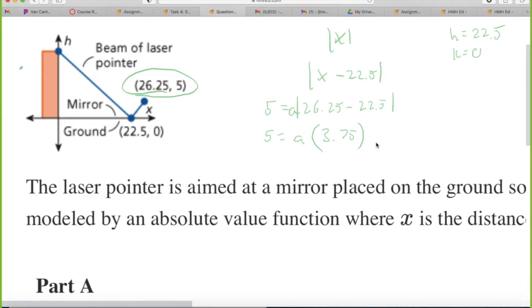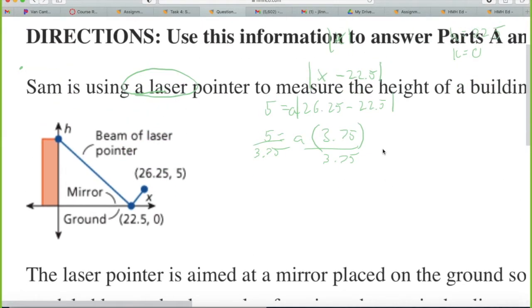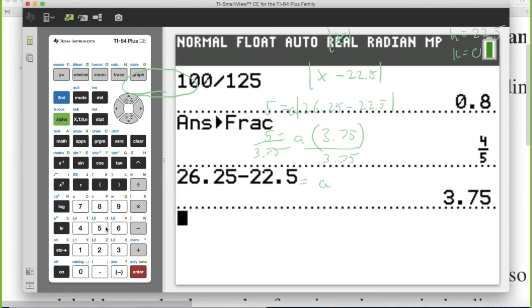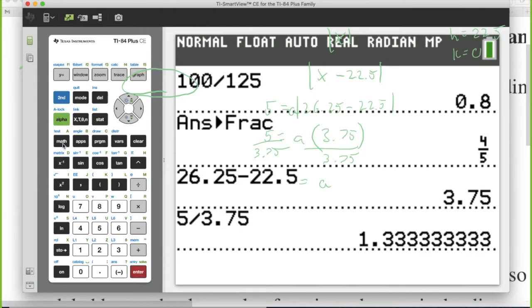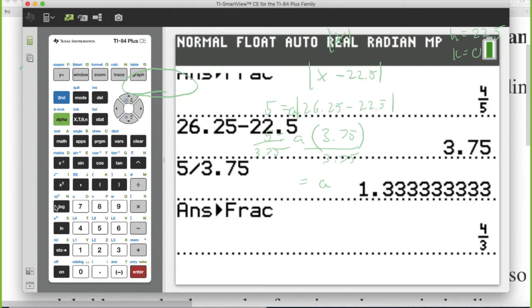So then we're going to divide both sides by 3.75. So that means that our A is going to be equal to 5 divided by 3.75. We're going to turn that into a fraction, which, by the way, 0.333333 is 1/3, so that's 1 1/3.